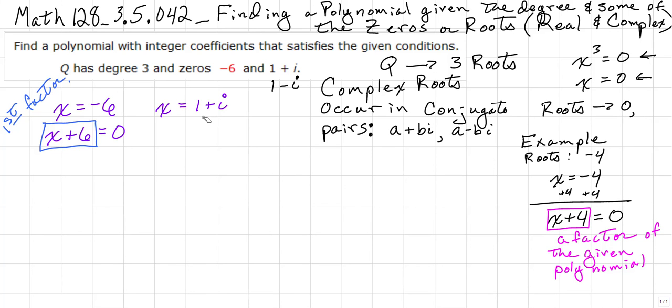So I have x minus 1 minus i equals 0. Now I've come up with my second factor.